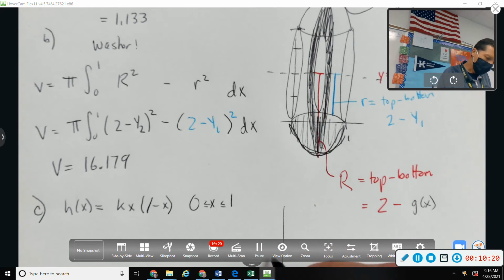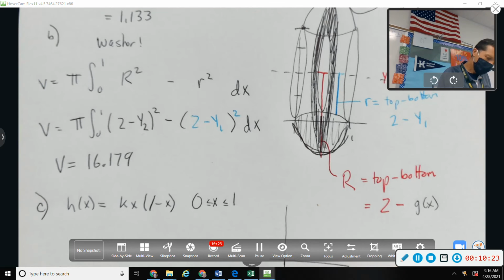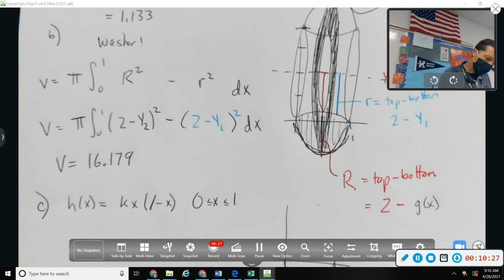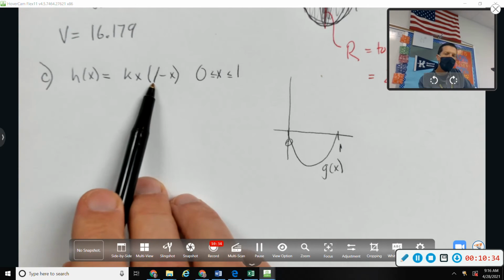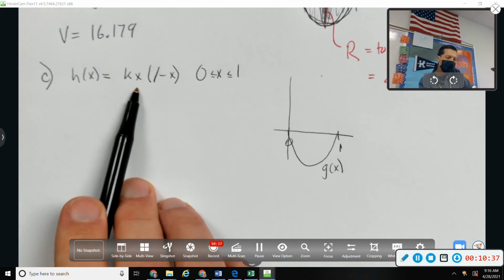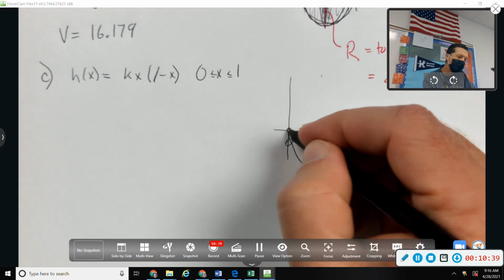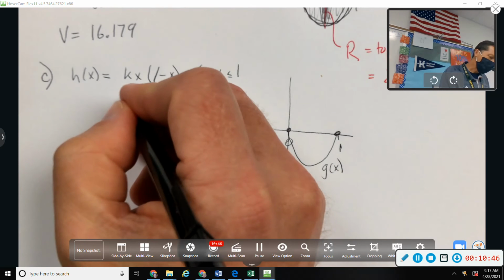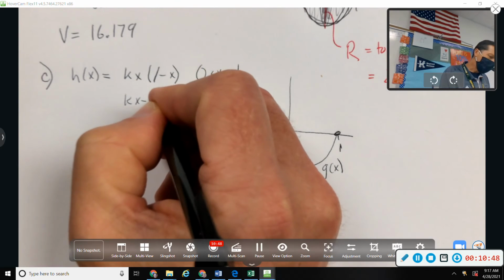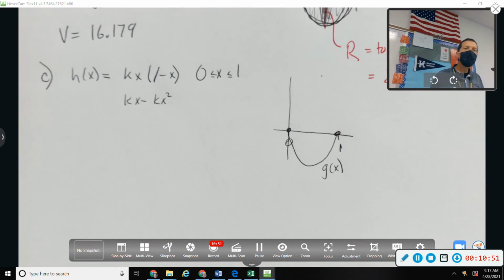Okay, so from 0 to 1, I know what g looks like. I don't really know what h looks like, but I do know that at x equals 0 and x equals 1, it's equal to 0. And if I'm really thinking carefully, it looks like an upside down parabola, that minus x squared in there.